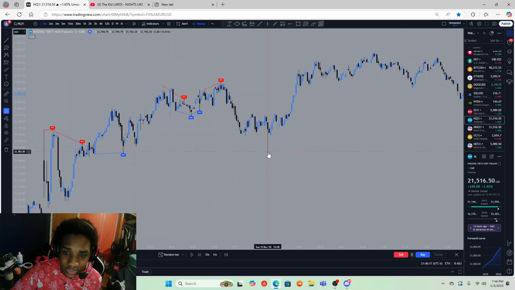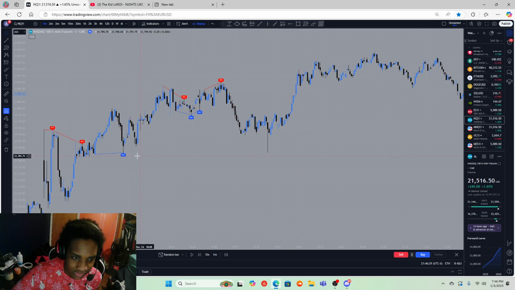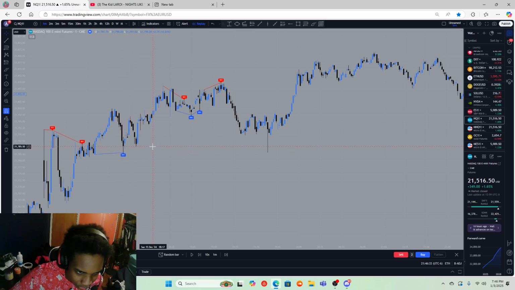It's a long wick. It doesn't have to always be as long. It could be all the way down here or it could be here or like here even. The point of it is that these liquidity sweeps have to take out lows or old lows. So this liquidity sweep took out this low here, and this liquidity sweep almost took out this low.